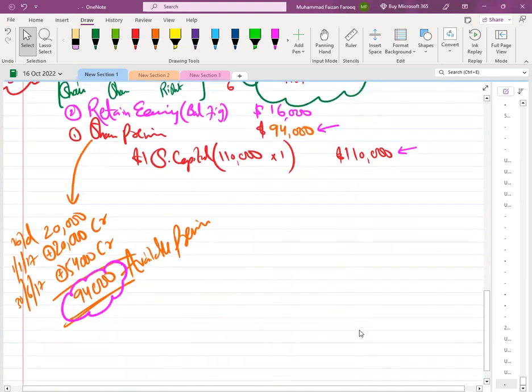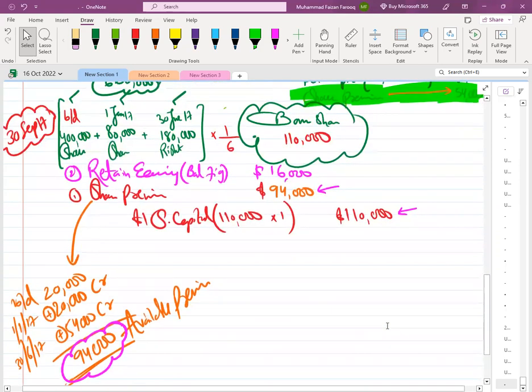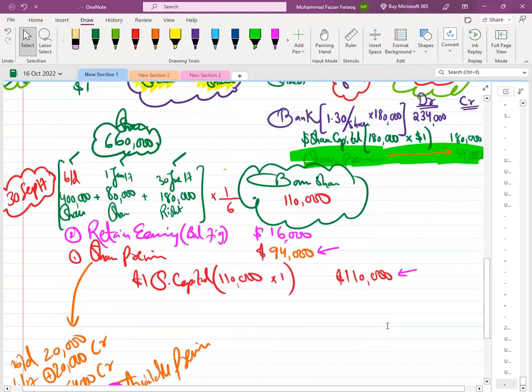Total premium available is 94,000. 110,000 is the share capital. 94 gone from the premium account. The difference is from where? The difference is from retained earning. As we know that difference always be taken from retained earning, right or wrong?